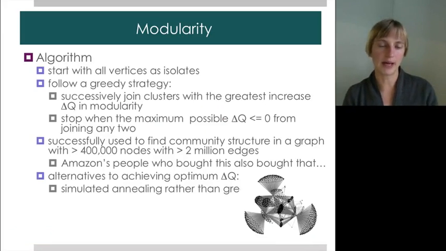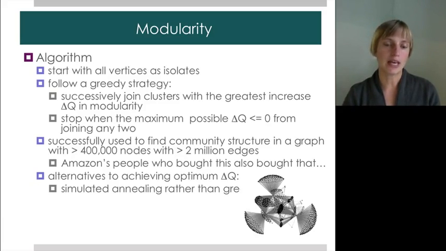So an algorithm that can then use modularity is, again, a hierarchical approach where you start with all vertices as isolates. But now, rather than joining together vertices or groups of vertices that are similar according to some measure, we're going to join the ones such that the modularity increases maximally.